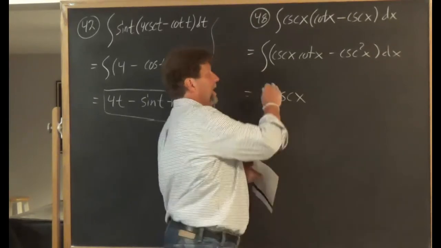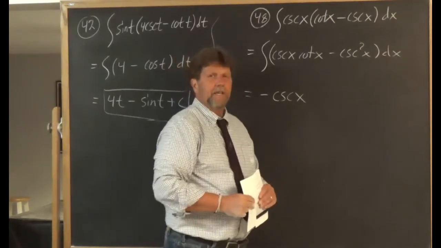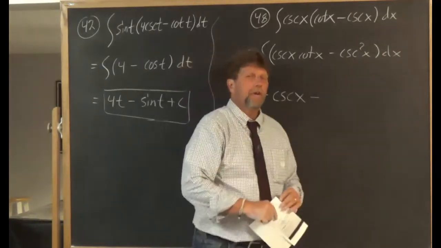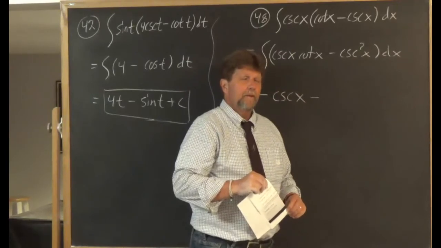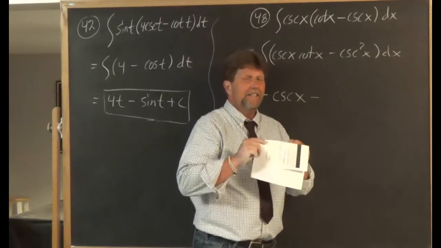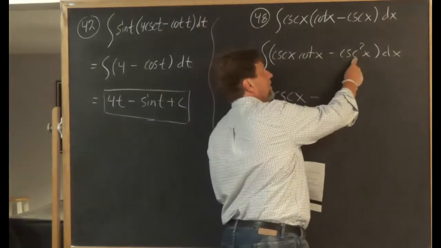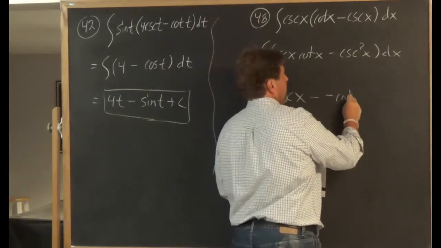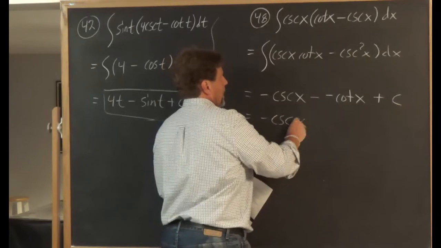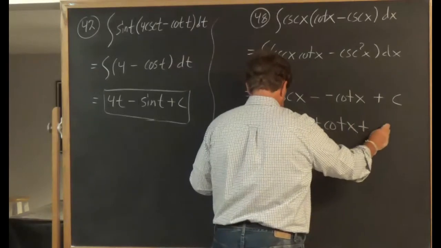So that must mean that the antiderivative of cosecant cotangent is negative cosecant. Minus, okay, the antiderivative of cosecant squared. We know the derivative of cotangent is negative cosecant squared. So that means the antiderivative of cosecant squared must be a negative cotangent. Don't forget the plus C. And a better way to write this instead of minus and negative is just using addition.